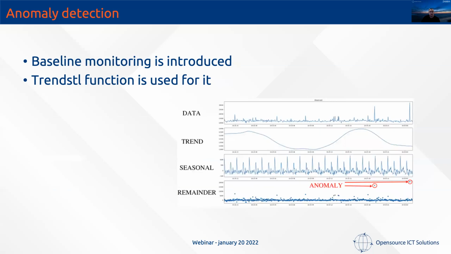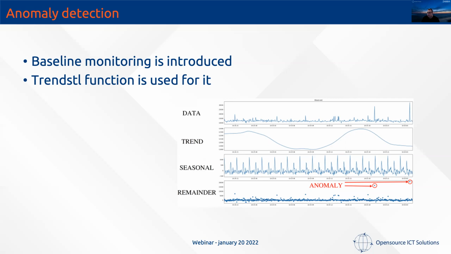Personally, I think this one is the most complicated, yet exciting. Anomaly detection. So baseline monitoring, basically. We have a few functions for it. Trend STL, that's looking at the trend data. But also with baseline monitoring and anomaly detection, we can tell Zabbix to find and to identify anomalies.